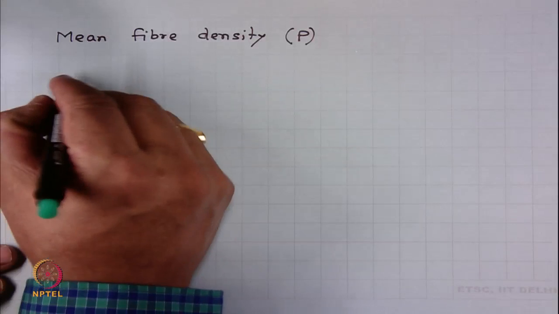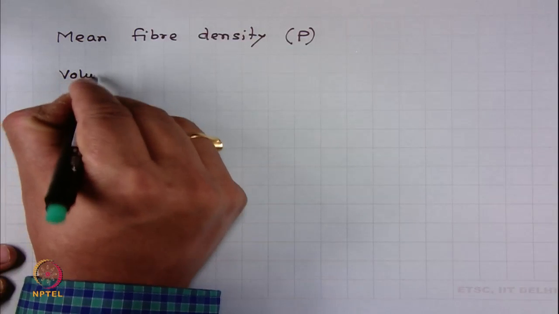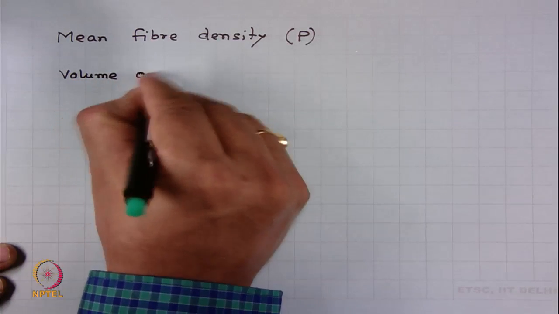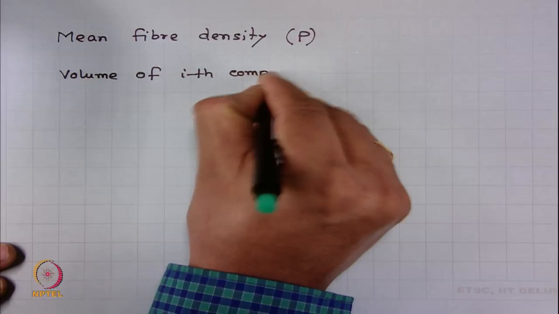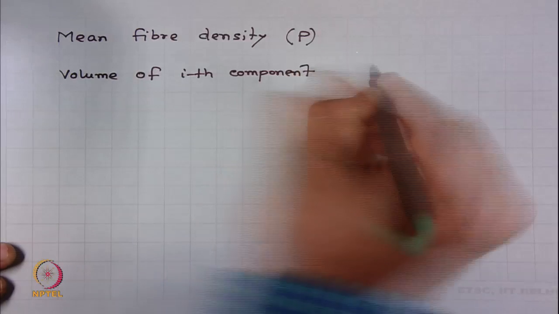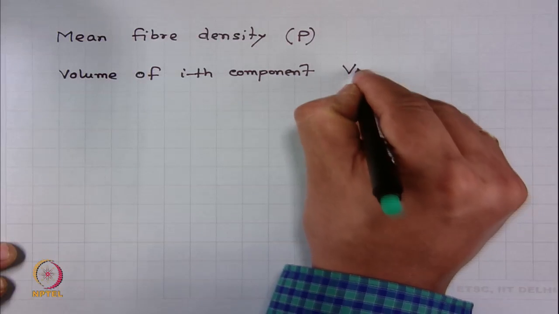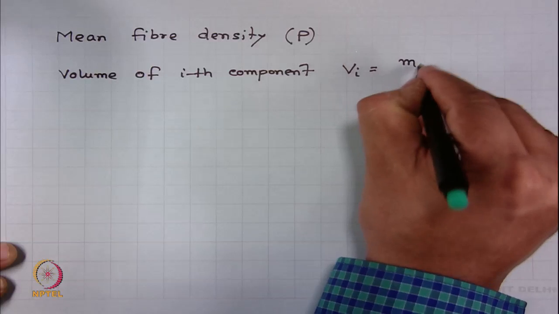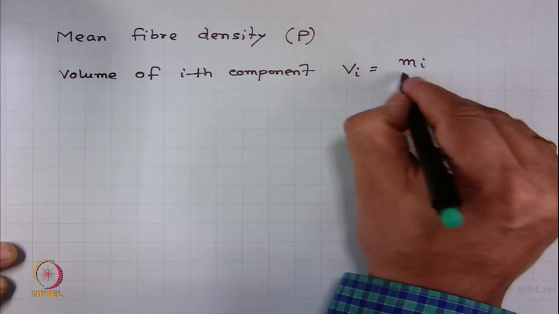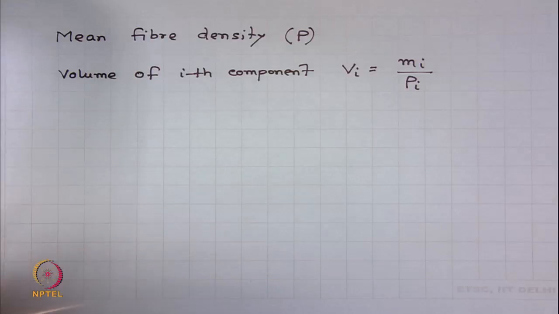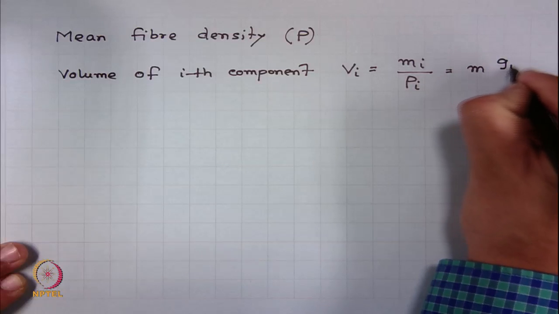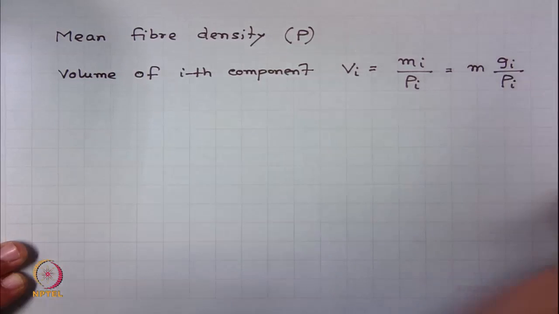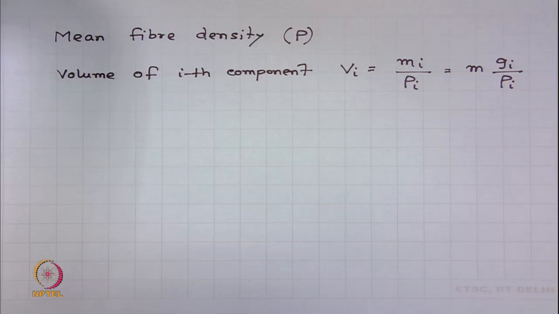It is known that volume of ith component fiber V subscript I is equal to mass of ith component fiber divided by density of ith component fiber. What is M subscript I? M subscript I is M into Gi.